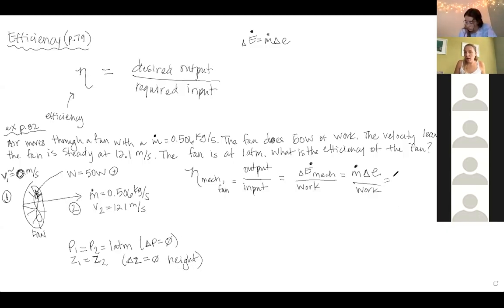And our specific energy equation is going to be our change in specific kinetic energy plus our change in specific potential energy plus our change in specific internal energy. We're changing them over time over our work.